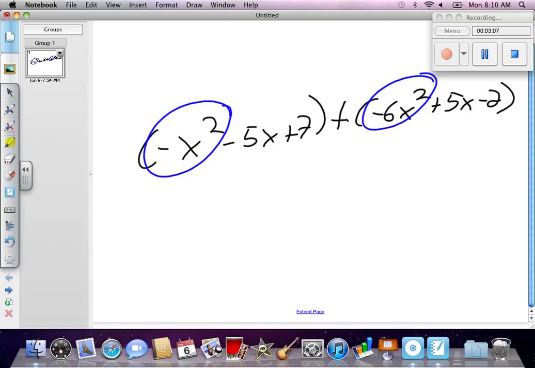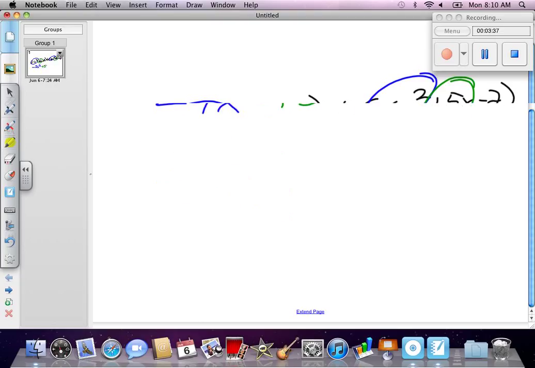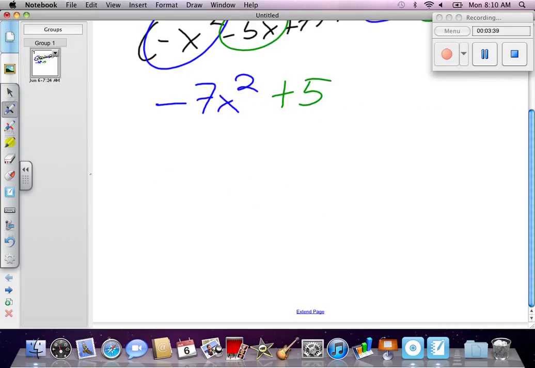So negative 6 and negative 1 gives us negative 7x squared. Next, I see that I've got an x by itself. So I look over here, I've also got an x by itself. Negative 5x plus 5x is 0, right? Okay, and then I've got 7 plus a negative 2, that gives me 5. So which one would that be? A. Good.